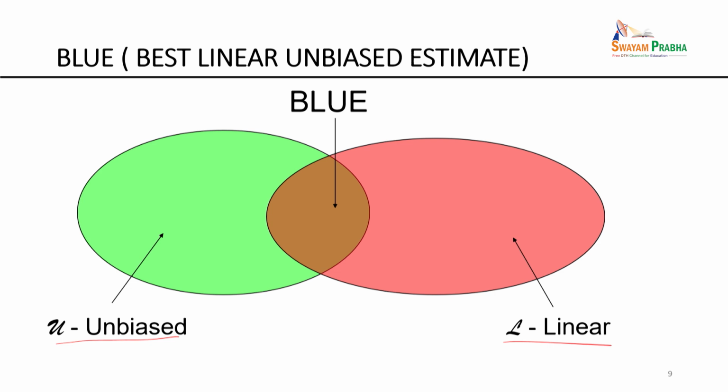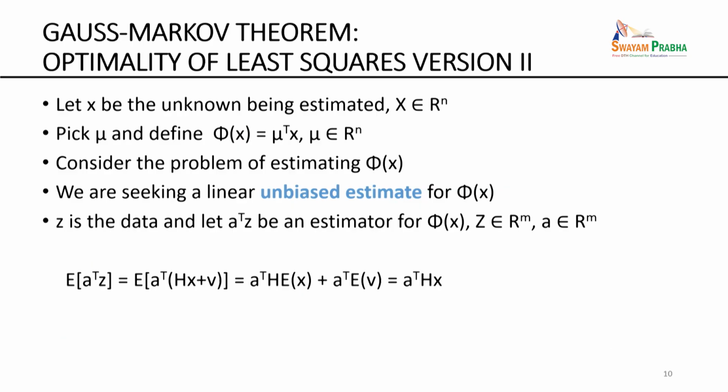I have a general linear unbiased estimate. I have a least square estimate which is linear and unbiased. So I am going to compare the least square estimate against all unbiased linear estimates. That's one of the fundamental results in statistical estimation theory, and that theorem is called the Gauss-Markov theorem.